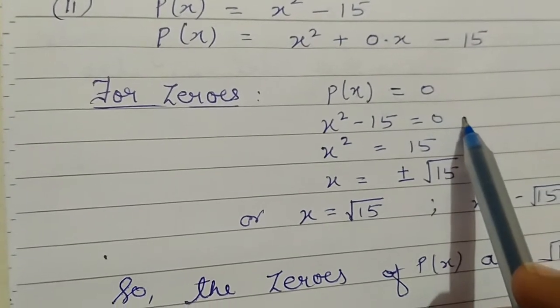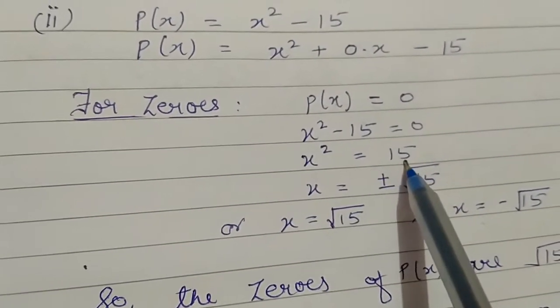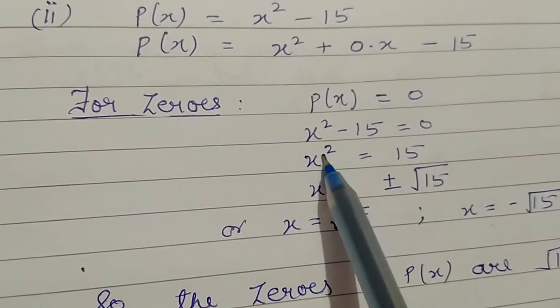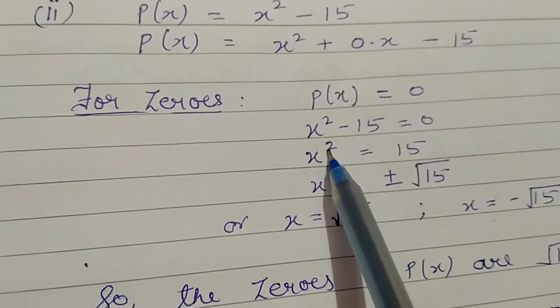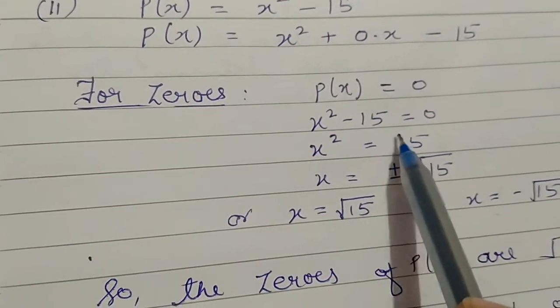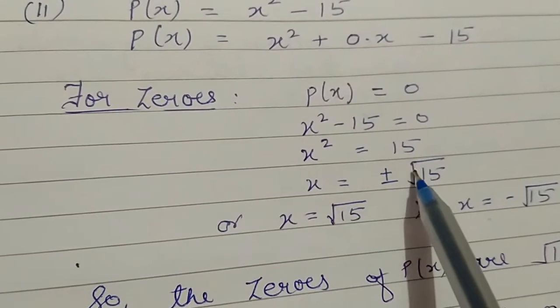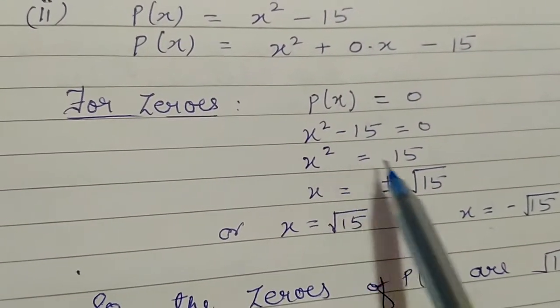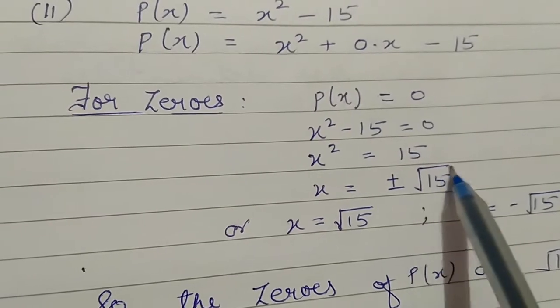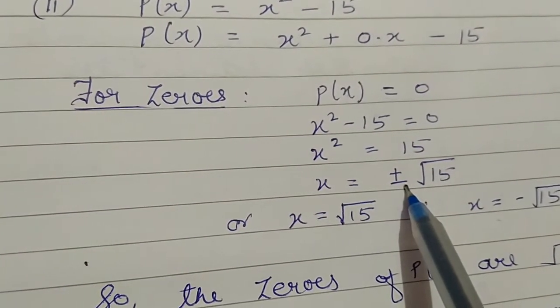On transposing the term, we get x square equals 15. If the square is transposed to the right hand side, then the sign of square is converted into square root, having positive and negative signs.